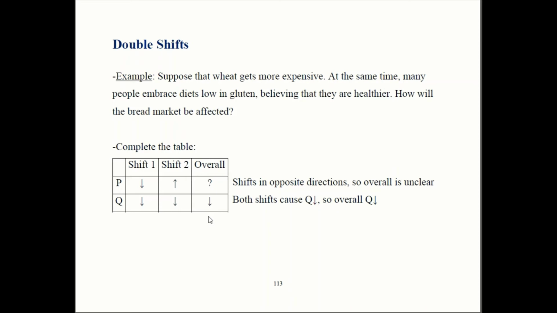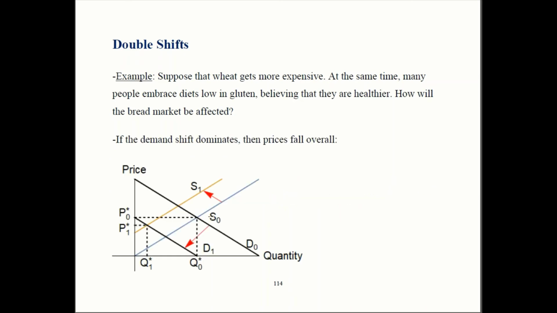We have two possible cases. Price could rise or price could fall. Let's draw a graph for each one. We start out on old supply, that's S0, this blue line over here, and we also have old demand, that's D0, this top black curve here.